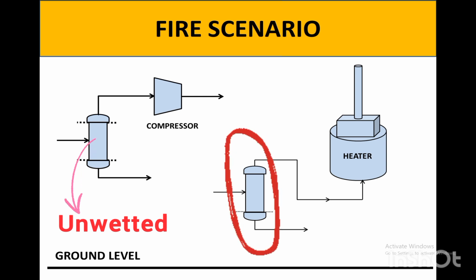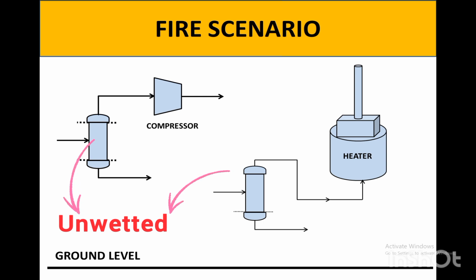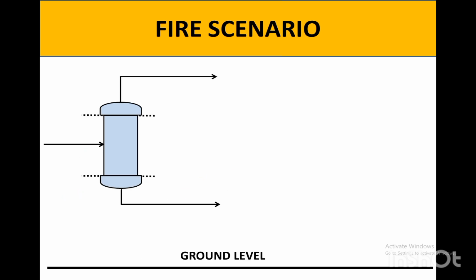Let's consider this vessel as a fuel gas separator for the heater. This kind of vessel has no liquid within it, so it is classified as an unwetted fire scenario, and we should take a different calculation procedure to find its wetted surface area and consequently its relief load. I will discuss unwetted in the next couple of videos, but in this case, I just want to focus on the wetted fire scenario.